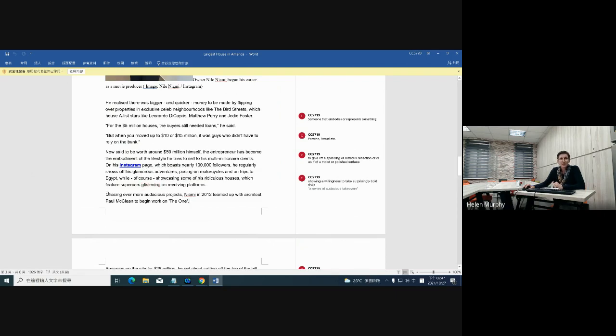Okay, chasing ever more audacious projects, Naomi in 2012 teamed up with architect Paul McLean to begin work on the one. Okay, so when we have an audacious project, as I was explaining earlier, audacious can mean something that is very risky, very out there, but it can also mean something that is risky in the sense of taking a bold risk, for example, in business.